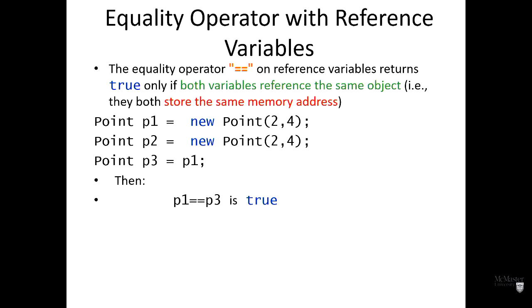So B1 and B3 are equal, because both are referring to the same object. But if you check B1 equal B2, B1 is a place in memory, B2 is another place, right? So these are pointing to two different objects. Yes, of the same class, but they are different.